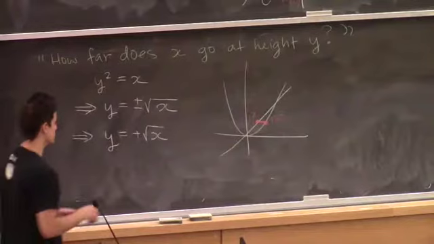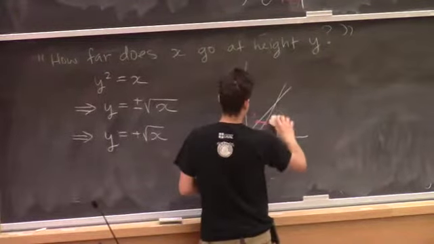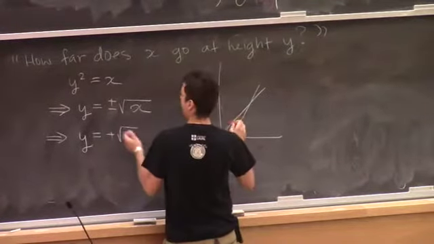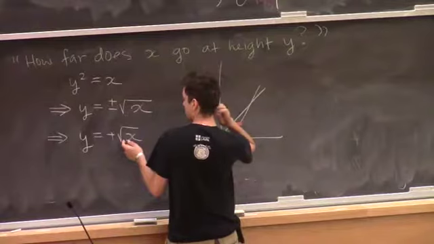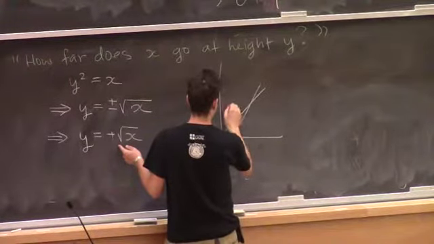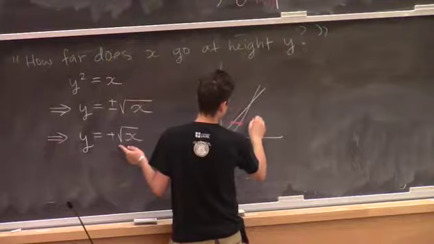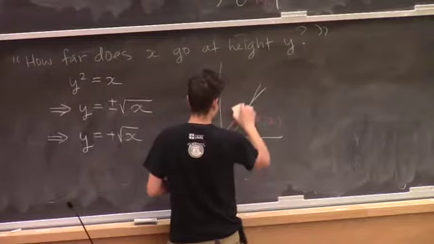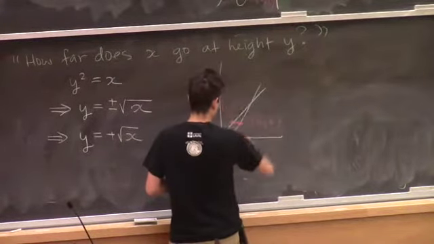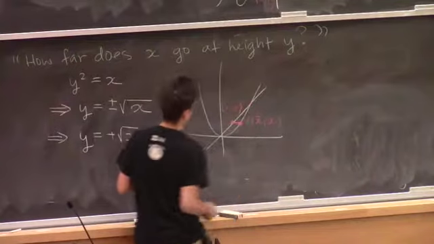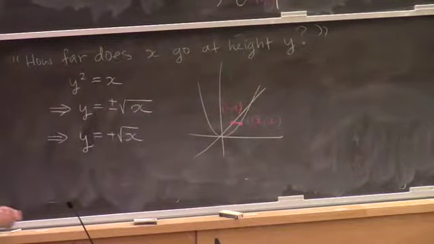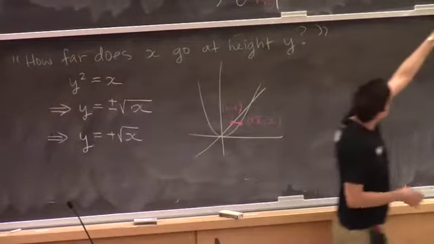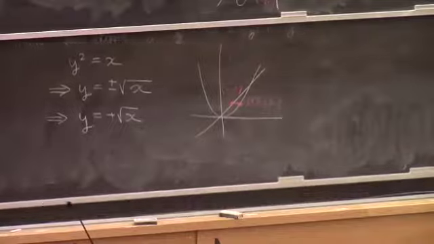Okay, so I guess I should say what those coordinates are. So this is the coordinate, right, so we're going between these two values here. Okay, so let's put that into our formula.